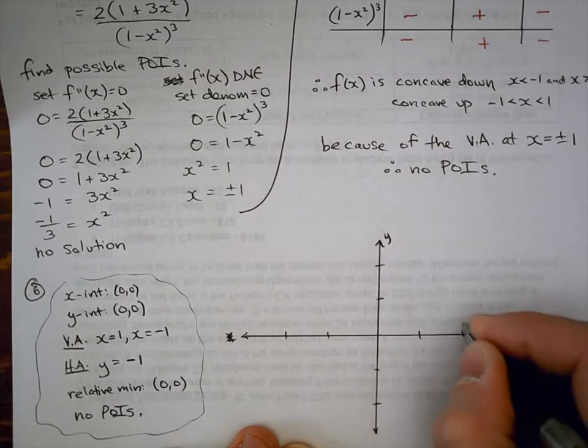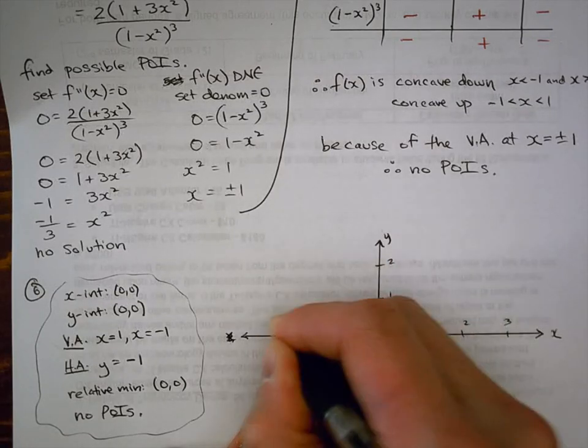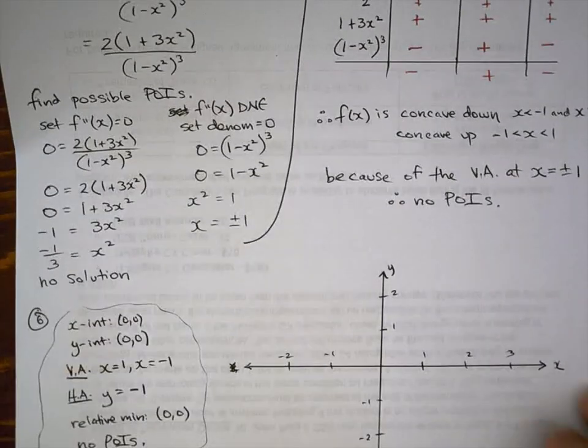So this is 1, 2, 3, and -1, -2. Okay, this is the fun part. I've been waiting 30 minutes to get to this point.